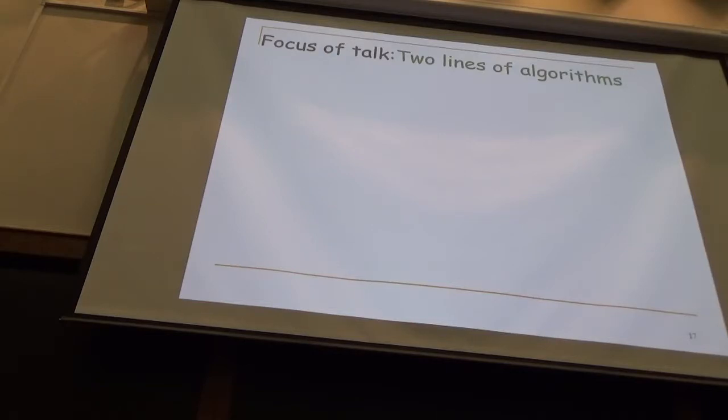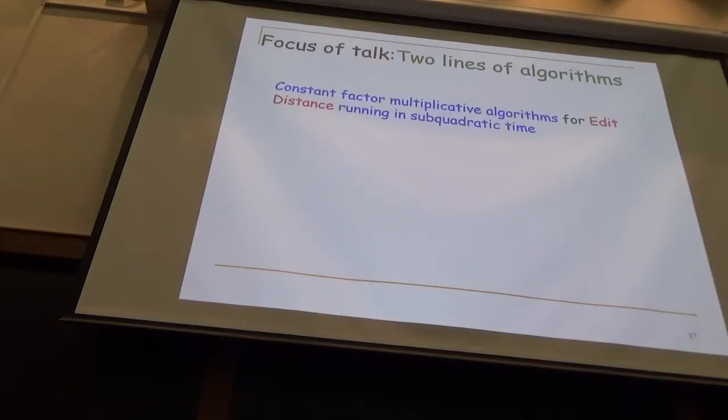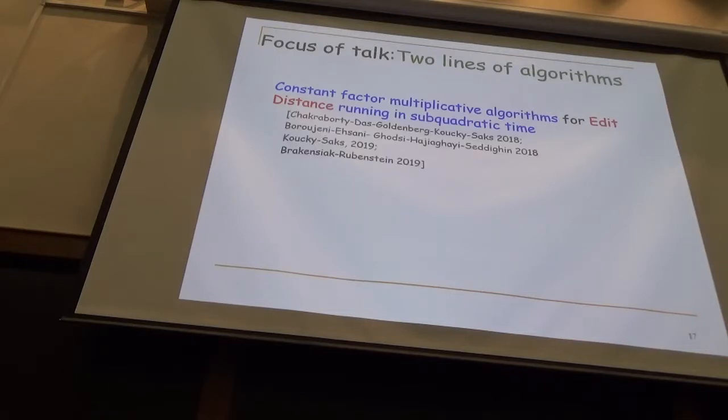Okay, and so the focus of the rest of this talk, after this introductory portion, will be discussion of 2 lines of algorithms. So one is a constant factor multiplicative algorithm, algorithms for edit distance running at subquadratic time. And so that result comes from a paper with Michal and Chakraborty, Das, and Goldenberg.